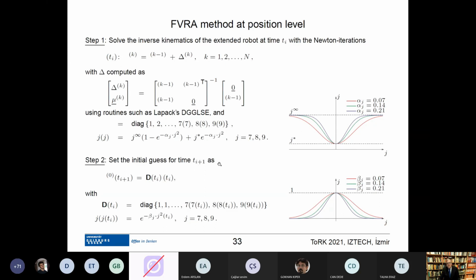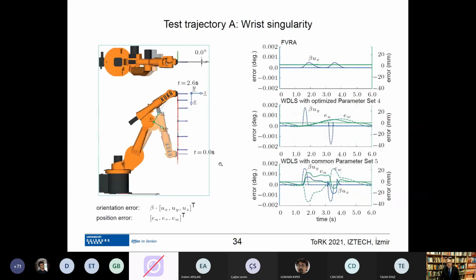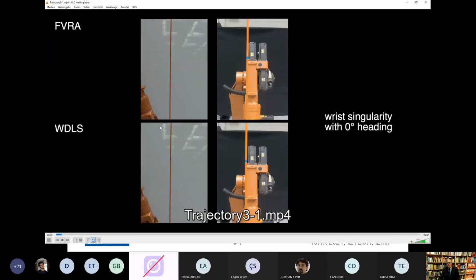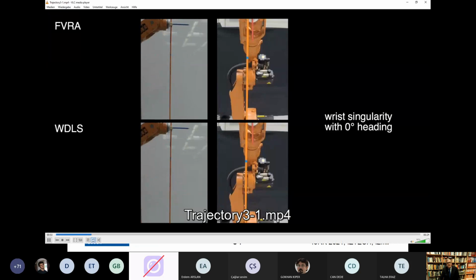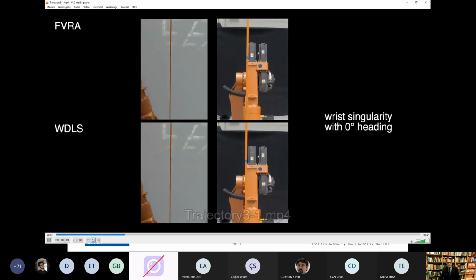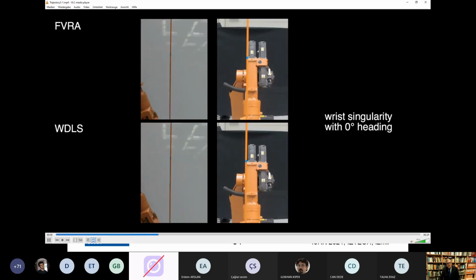So one can weight how much one punishes when the motion is too far away. And here you can see the behavior. Let's say here we have a robot that is passing quite close to the singularity.